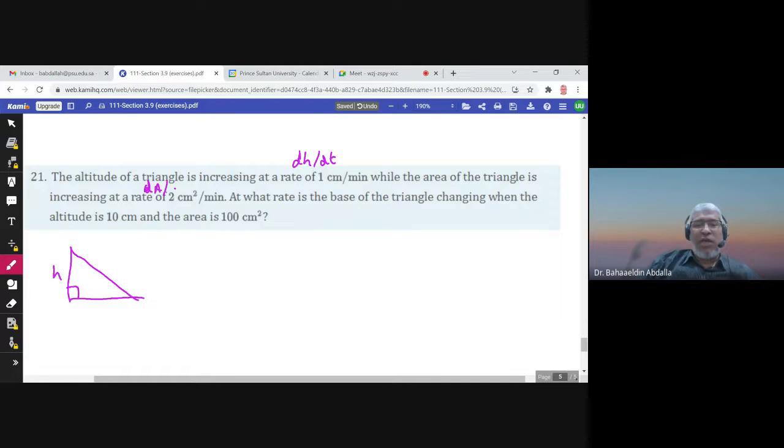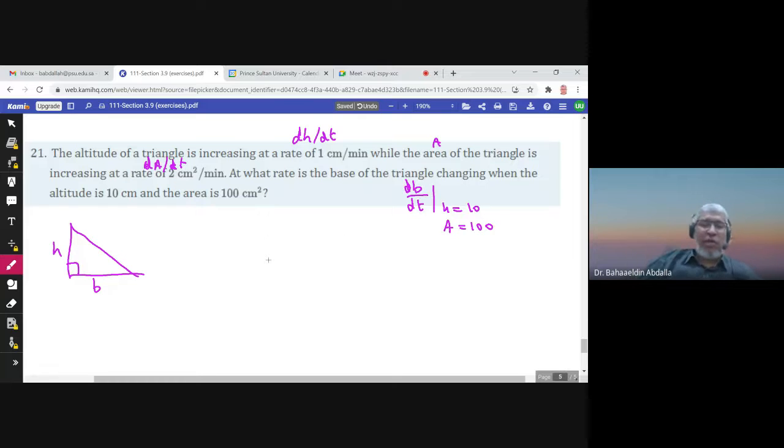So this is dA by dt, where A is the area. At what rate is the base? If we call the base B, so he's asking about the change of the base with respect to time. So dB over dt. When the altitude, when the height is 10 and the area is 100 centimeters square.